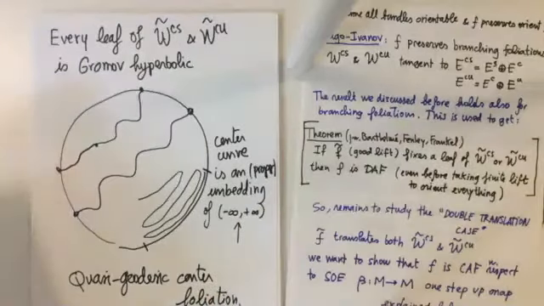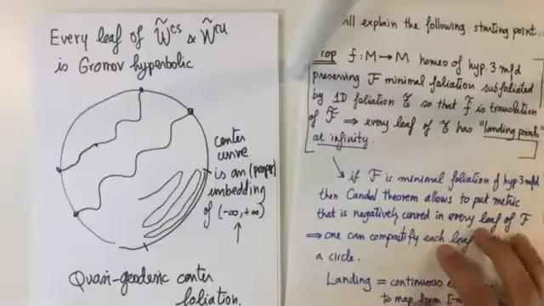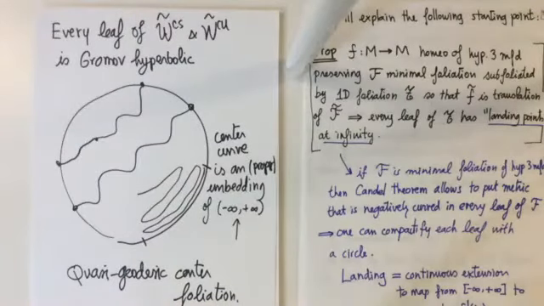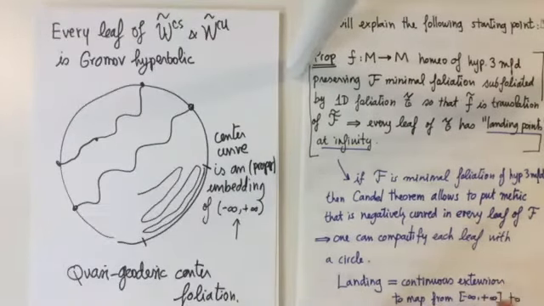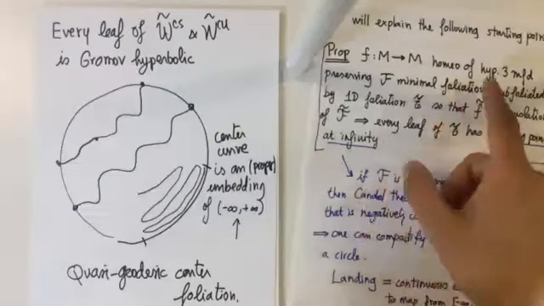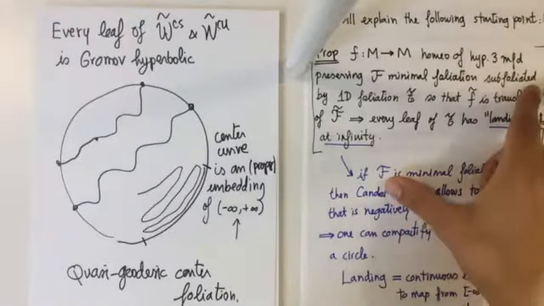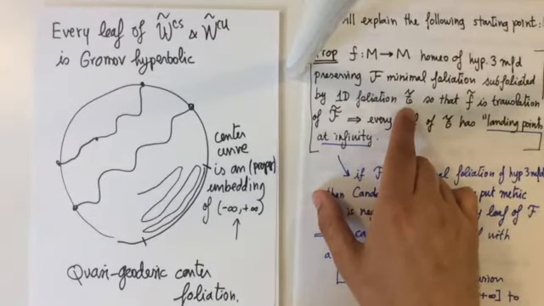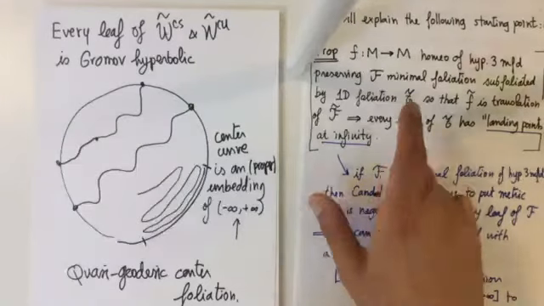So let me go there. And this is again a result about foliation preserving homeomorphisms of hyperbolic three-manifolds. So I will have a homeomorphism that preserves a minimal foliation in a hyperbolic three-manifold, but now I will assume that the minimal foliation is subfoliated by a one-dimensional foliation.